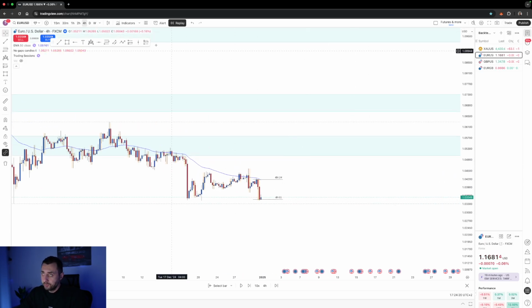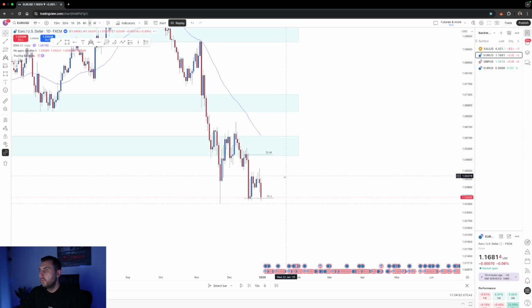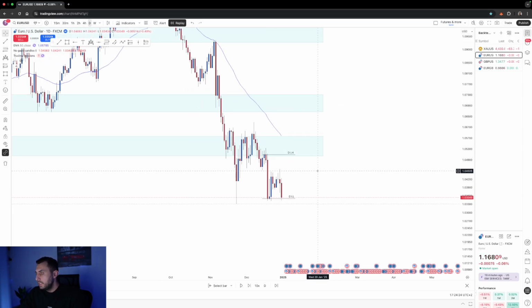What are we waiting for here is basically nothing. The price made the lower high and lower low on daily. Now it created the potential lower high. We will see if it goes lower and creates another lower low.